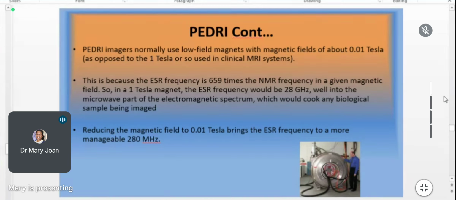So we have to bring it down to very low levels. Instead of 1 Tesla, not 0.1, but 0.01. It's like 100 times lesser magnetic field strength, so that we can utilize the electron spin resonance also for our advantage.